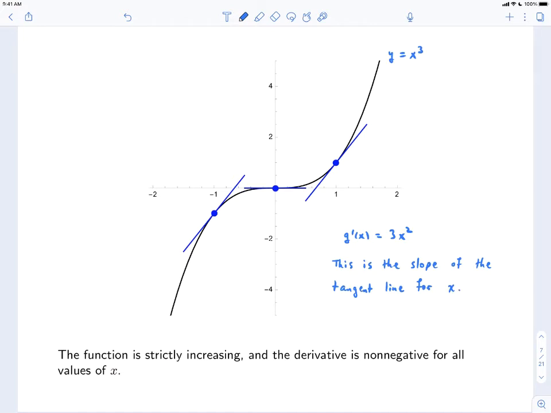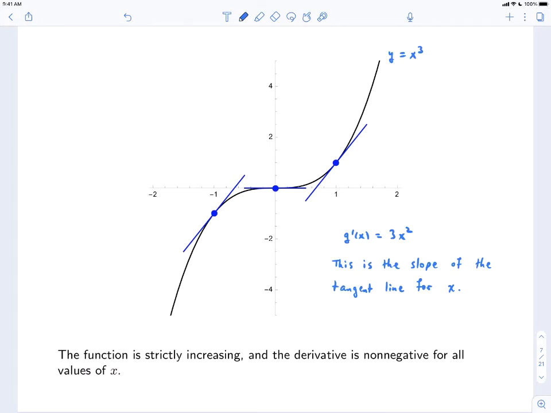For each x value, there is exactly one corresponding y value. So once you know the x value, you can compute the y value using the function. That's what it means to be a function. You give it one input and it will give you one output. So once you know the x value, that specifies a point on the curve.